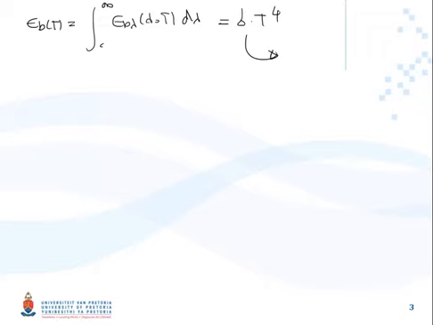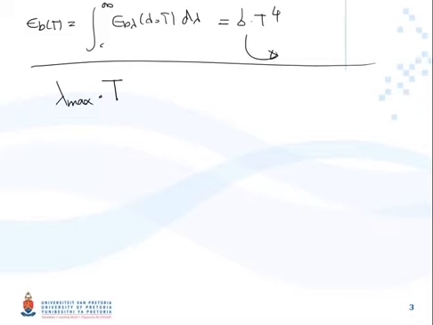We also realized that for any constant temperature curve, the spectral blackbody emissive power goes through a maximum. The value of that maximum depends on the temperature, but the wavelength at which it happens is a constant, 2897.8 micrometer Kelvin.